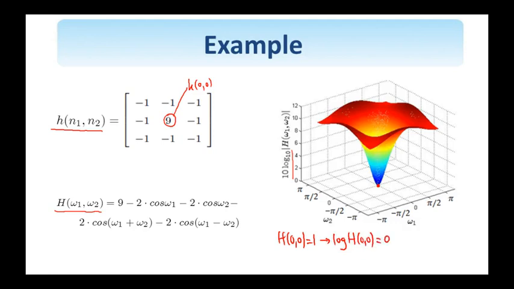While if I look at some frequencies, for example the H(0,pi) frequency, which is the frequency over here, this is equal to 13, while the H(pi,pi) is equal to 9.